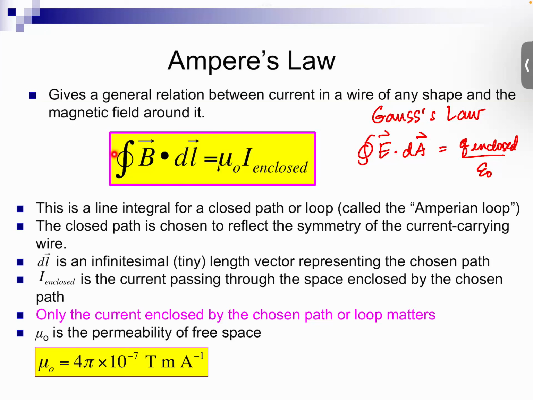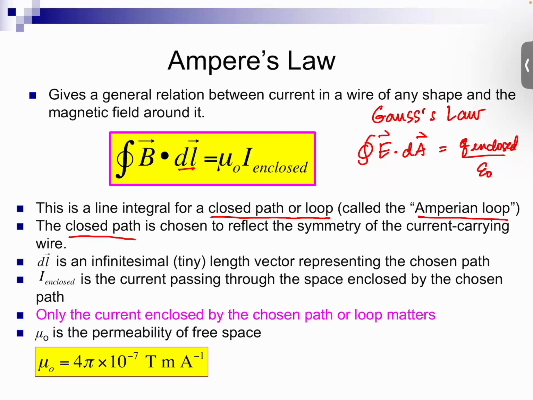This circle in the integration sign tells us that you do the integration along a closed path. Okay? And so what you do is you draw a closed path or a loop, which we call the Amperian loop, and then you do the integration over this closed path or Amperian loop. Okay. We'll look at an example later on to illustrate what we mean by a closed path and the integral over a closed path. Okay.